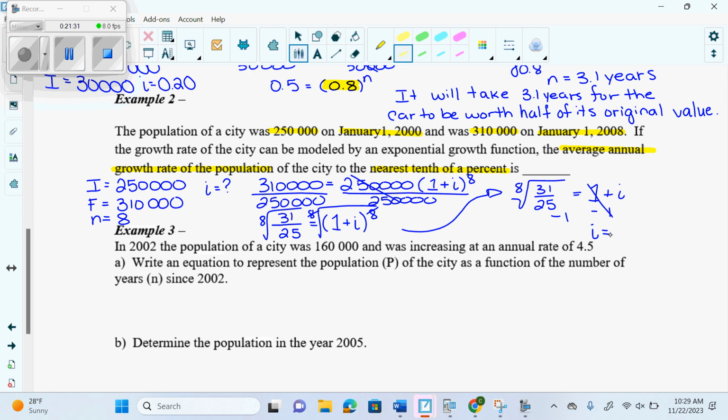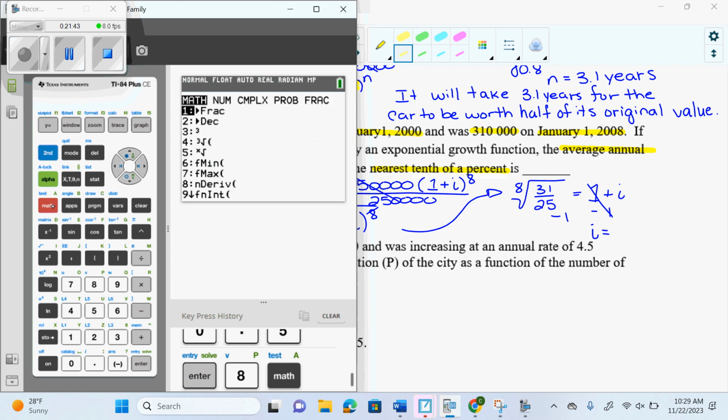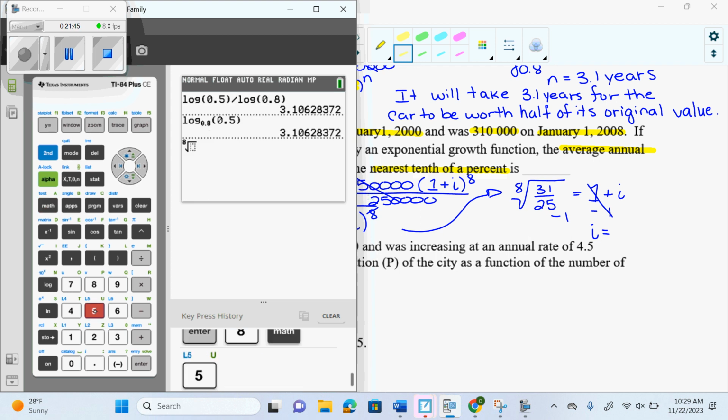So I'm going to type that all in. I'm going to go the 8th root, so I go 8, math, number 5. The 8th root of 31 divided by 25. If you do not have the function where the square root runs along the top, you have to put 31 divided by 25 in brackets, right?